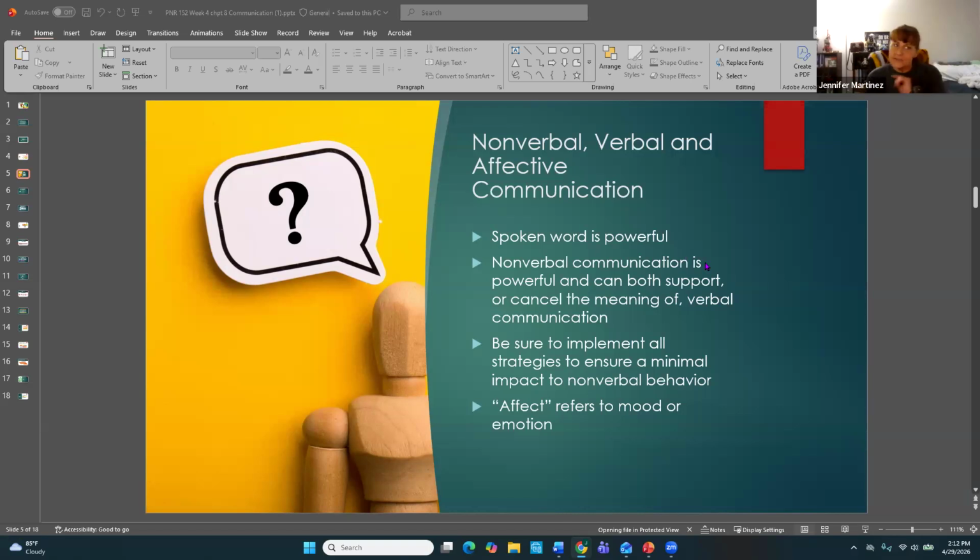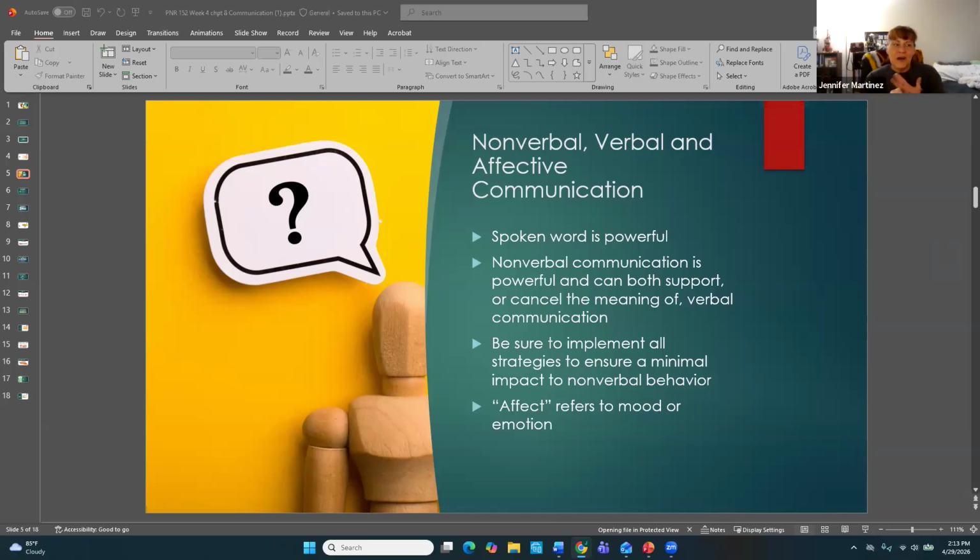So again, verbal communication, this could be what we're saying. It's also what we're writing. So it's our emails, it is our nurses' notes. And then our nonverbal are a variety. This is our body language, this is our facial expression.